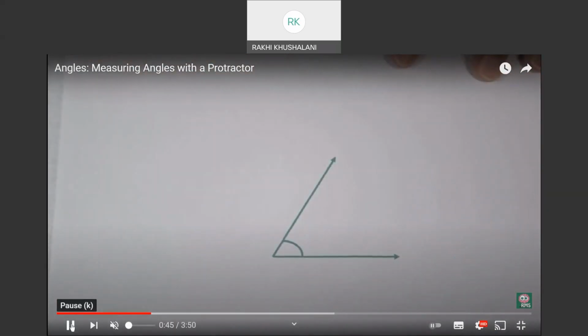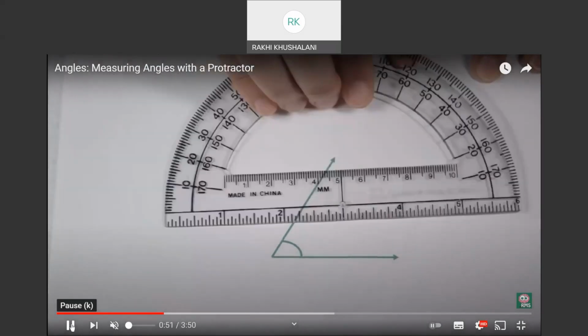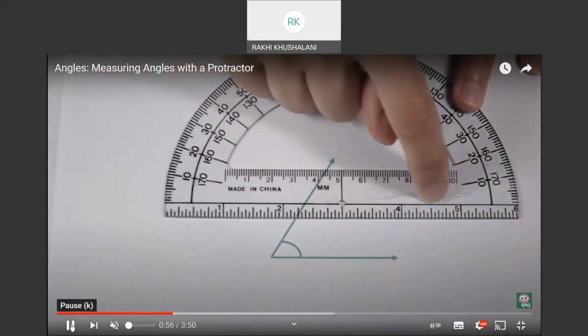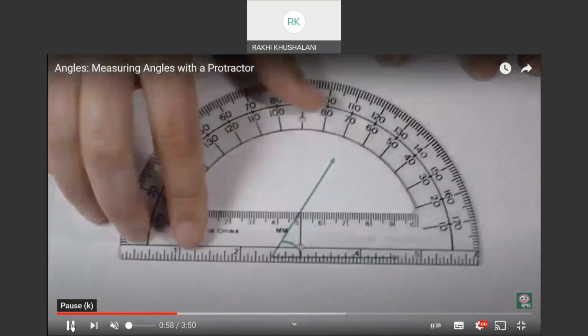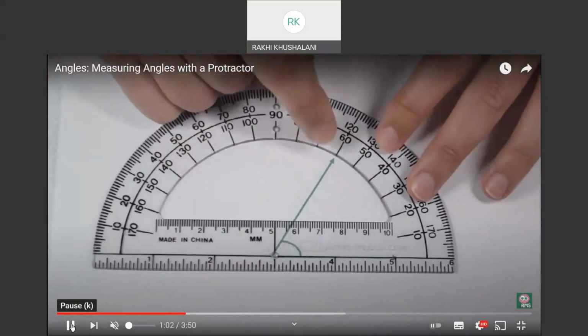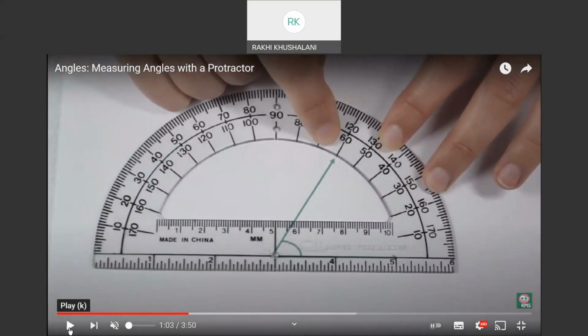Let's see one more measure here. This angle is again, I am not labeling it on purpose, because right now the labeling I have already explained to you. Right now measuring is more important. Now see here, I have placed it. Okay, again you are going to go anti-clockwise like this.